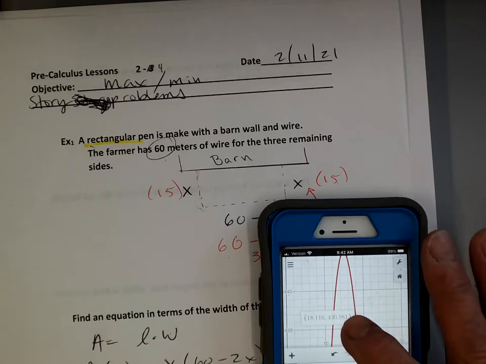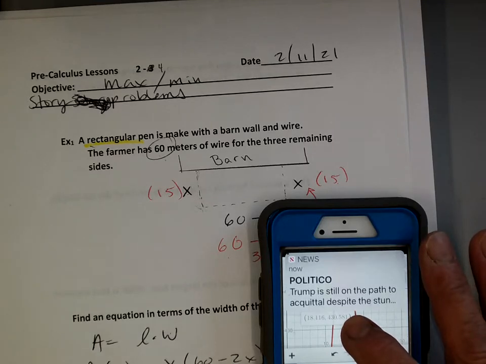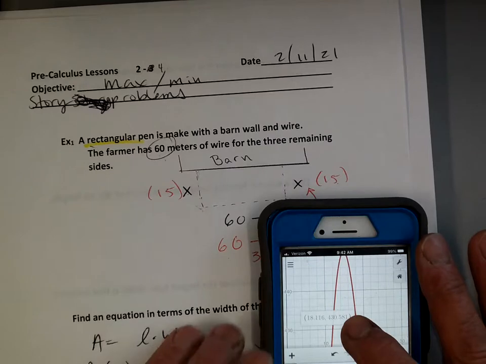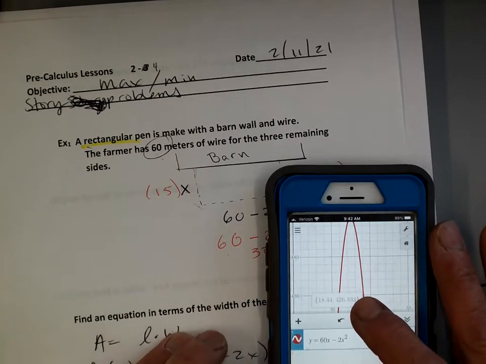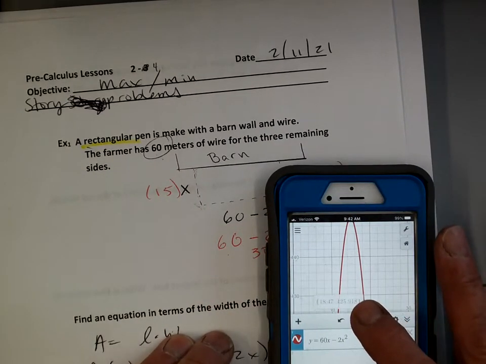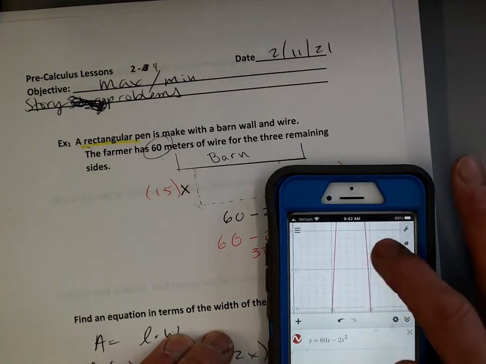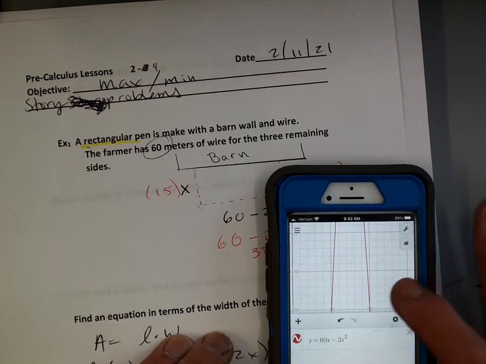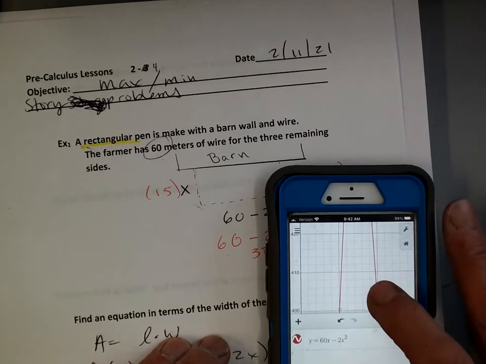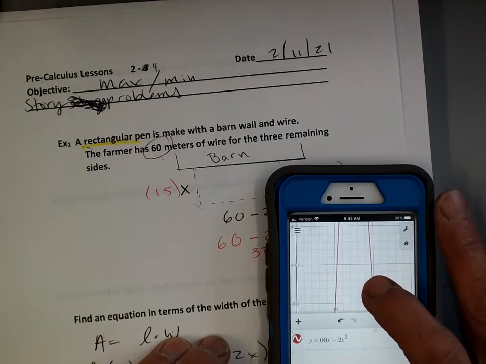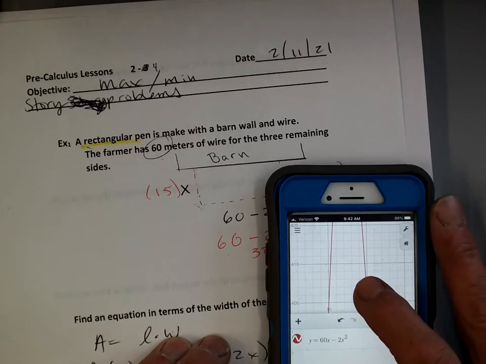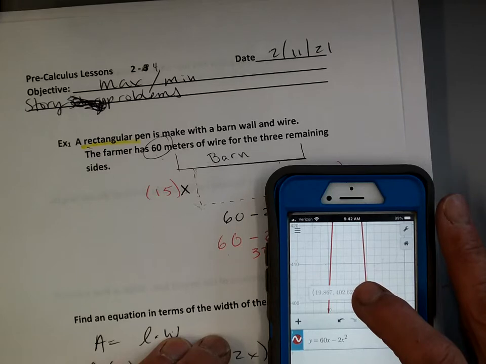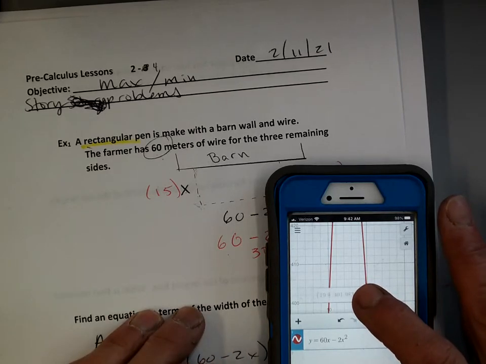So there's a width of 18 and an area of 430. Here's a width of almost 20 and an area of about 400, right?